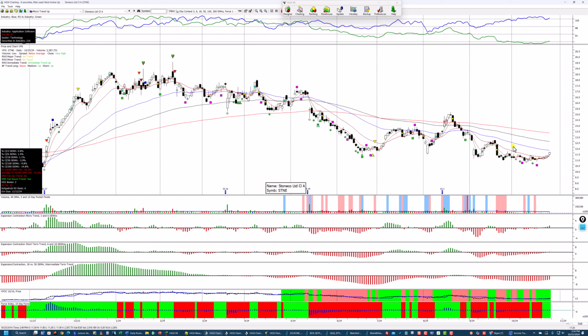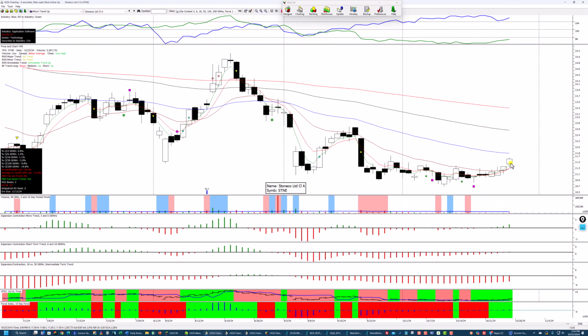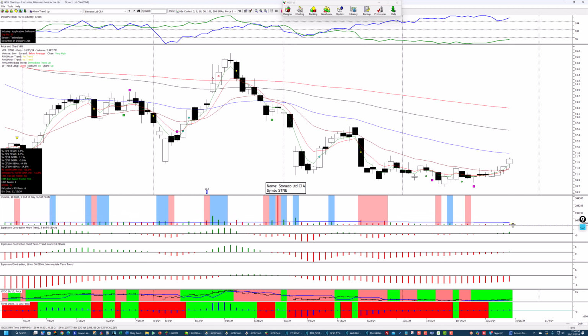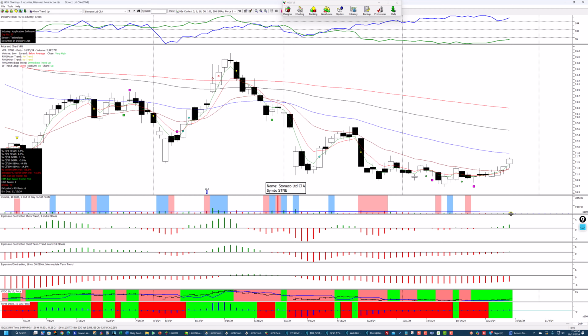I say potentially because there's a lot of overhead resistance here with this downtrend, but you can see there's 1, 2, 3, I'll zoom in on this, 1, 2, 3, 4 white candles here. The volume is still below average, so we're not seeing a lot of buying based upon volume yet, but it's closing at its high yesterday, and it looks like it's going to close near its high today.